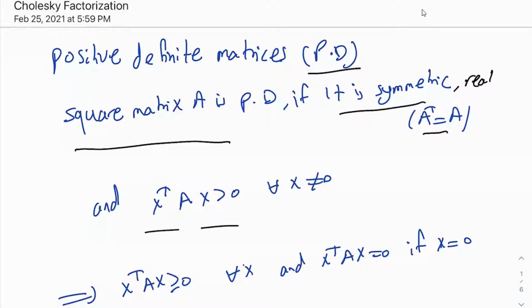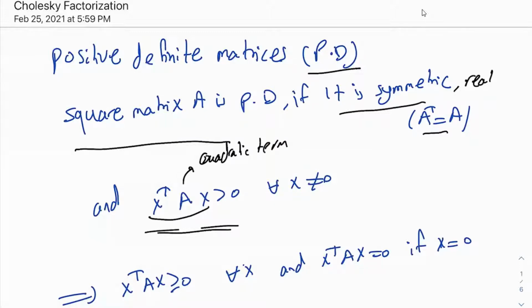Then a matrix is said to be positive definite if X transpose AX is greater than 0 for all vectors X that are not equal to 0. Right, so this quantity is sometimes called a quadratic term. The quadratic term should be positive for all X that is not equal to 0.